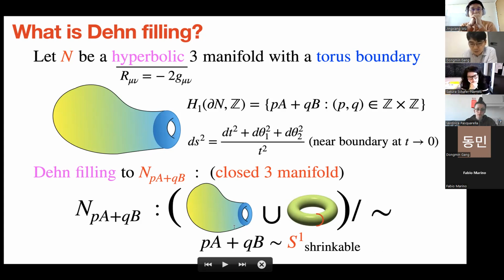Then the resulting topology depends on this choice of P and Q, and the resulting manifold does not have any torus boundary. It becomes a closed 3-manifold, and this closed manifold is denoted in this notation. So please remember this notation.